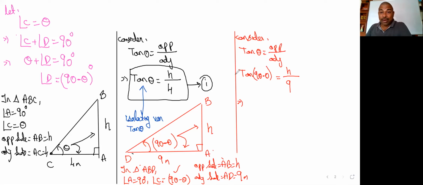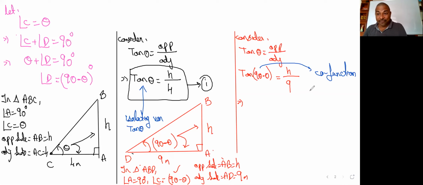But we need the same variable in both equations. In the first equation, I isolated tan theta. But here we don't have tan theta; we have tan 90 minus theta. If you remember, it's a co-function, because tan and cot are friends.